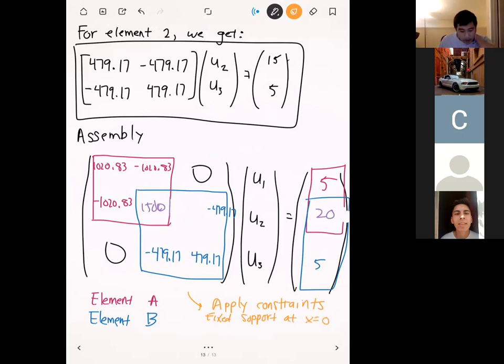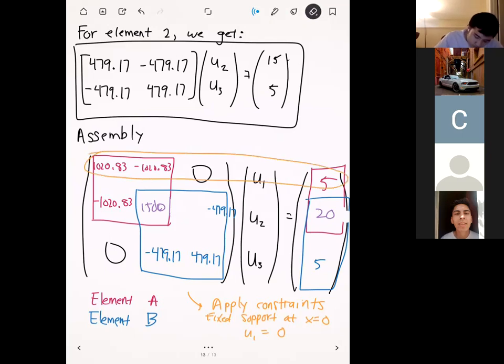Okay. And so what that tells us is that the displacement that coincides with x equal to 0, which in this case is u1, is also going to equal 0. Okay. And so we know what to do at this point. We're going to knock out that entire first row in the matrix and just replace it with 1s and 0s. Okay. And so that first row is going to be this one here for our boundary condition.